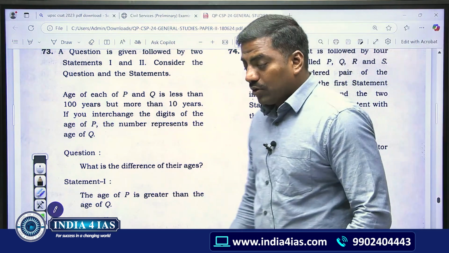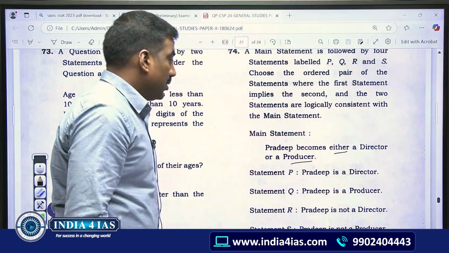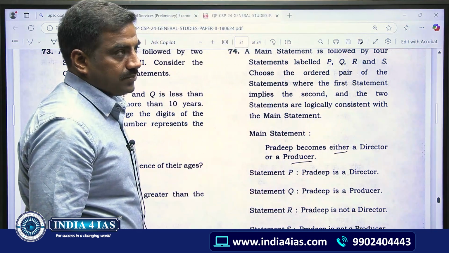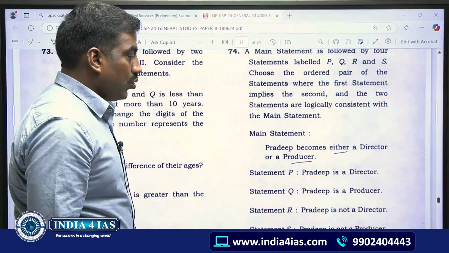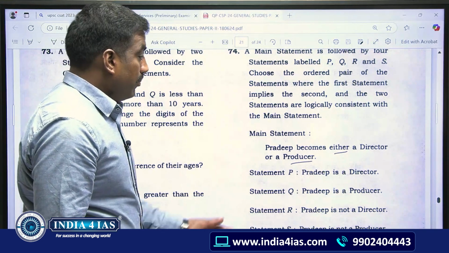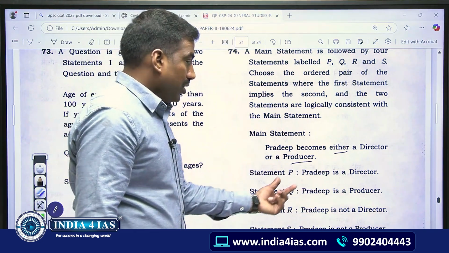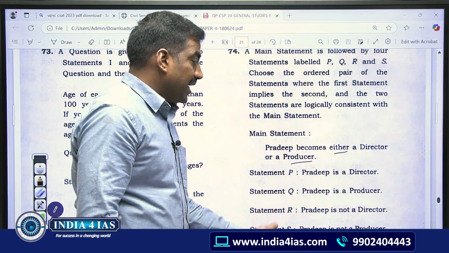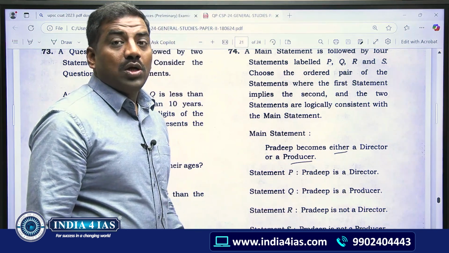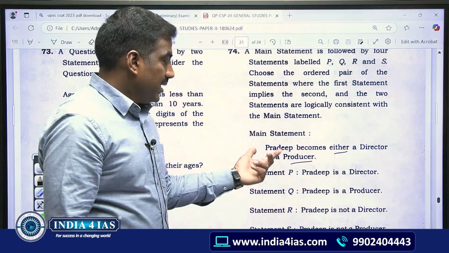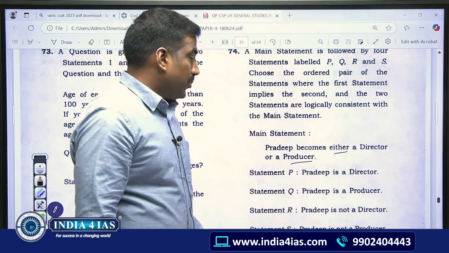Then coming to statement P, Pradeep is a director. What does that mean? Pradeep cannot be a producer when Pradeep is a director. That is also the negation of that. So Pradeep is not a producer.